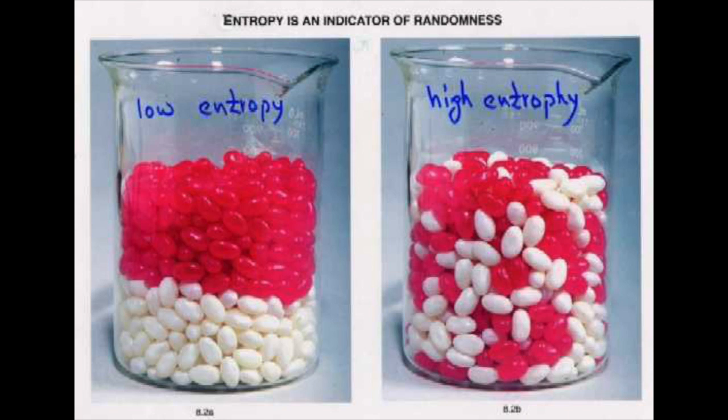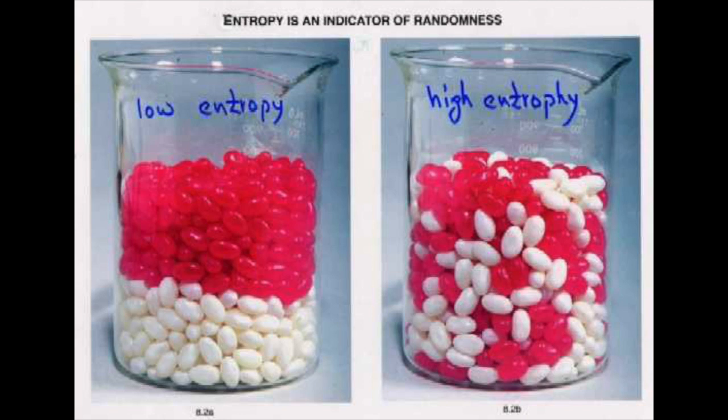In the simplest terms possible, I could describe entropy as a universal tendency for an ordered system to gradually decline into a disordered non-system. So consider a beaker filled halfway with white jelly beans, and then carefully a second layer of red jelly beans is placed on top.